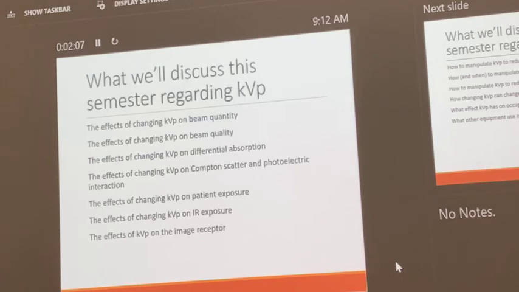And really the theory, because again, with digital imaging now, the effects of kVp are not as drastic as what they were back when we used film. And I think the literature will change over time to reflect that.